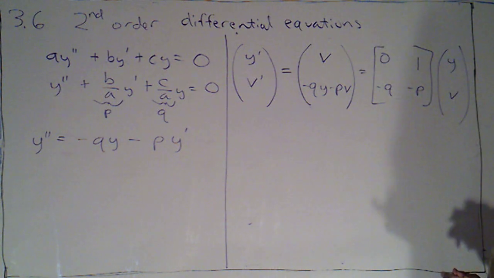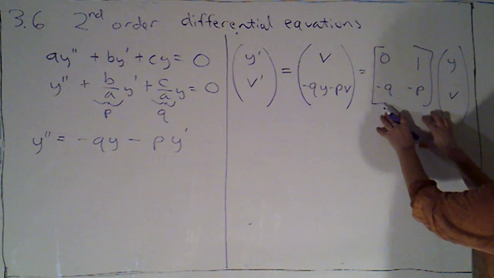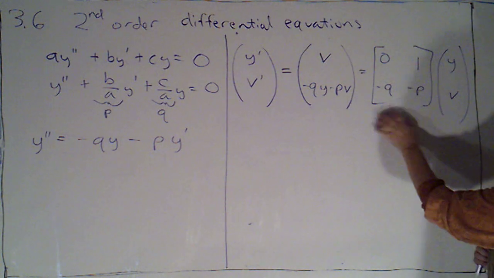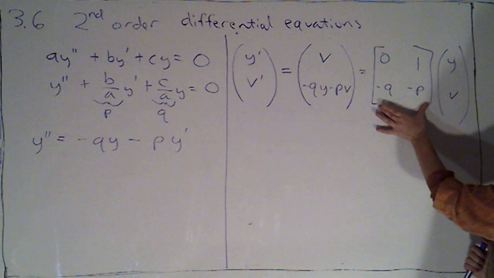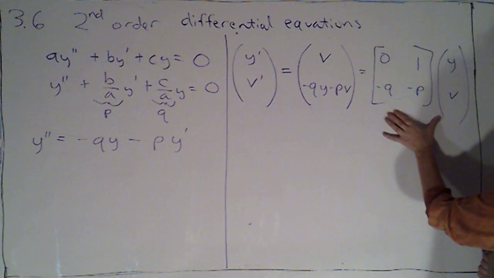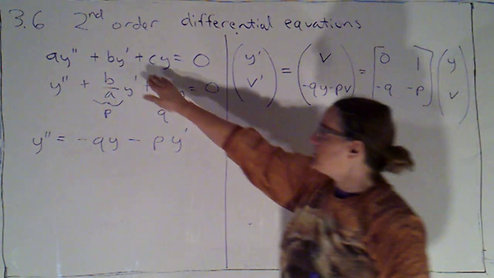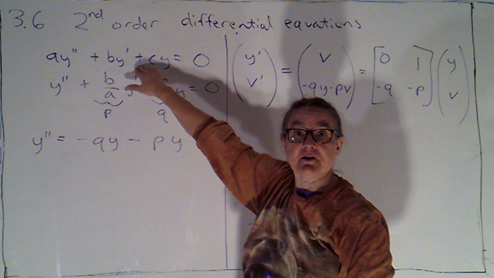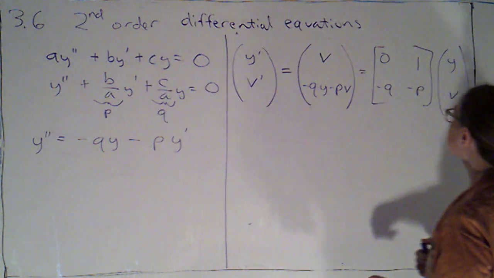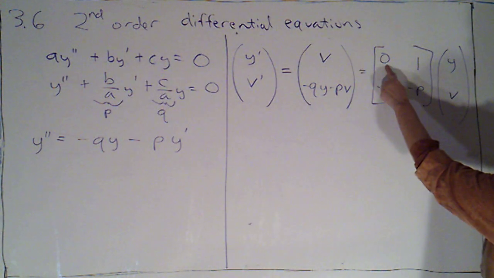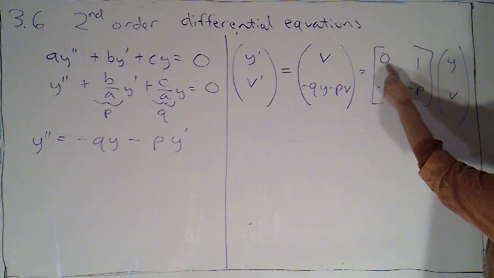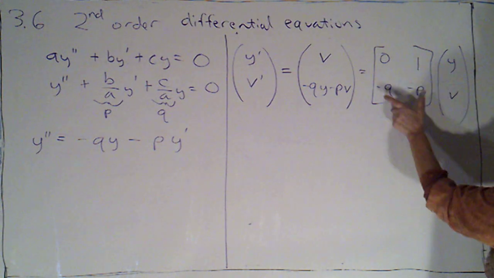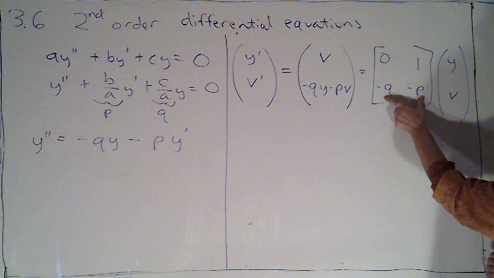Okay. So, in the previous sections, we studied linear systems where I could have a generic matrix here. Linear systems that correspond to one of these second-order differential equations will always lead to a matrix where I've got 0 here, 1 here, and then arbitrary numbers here.